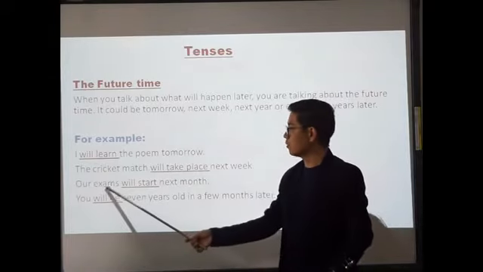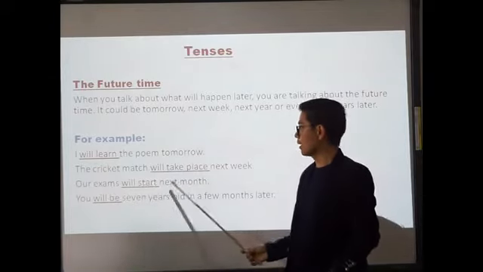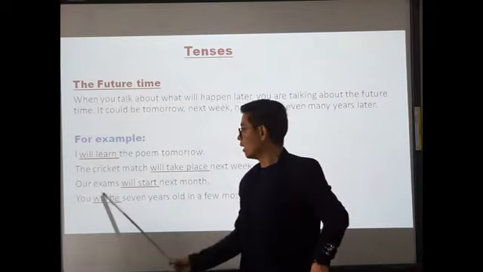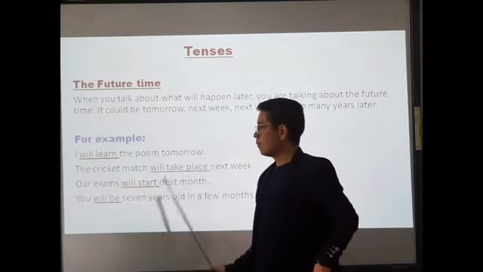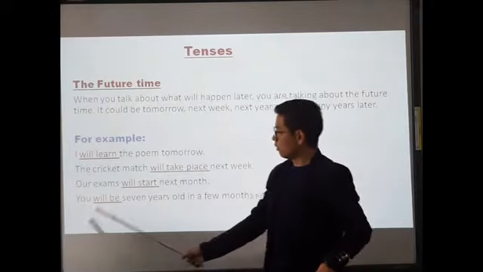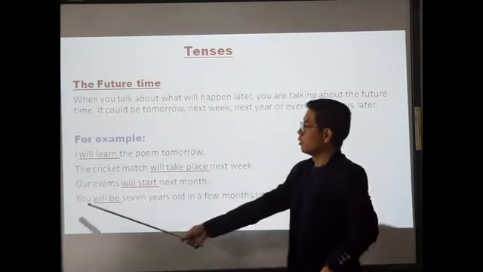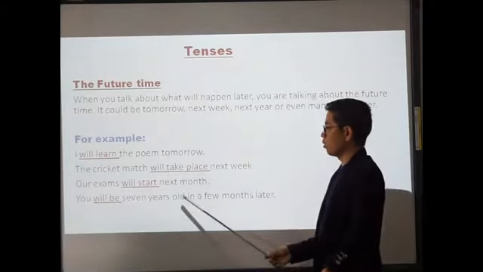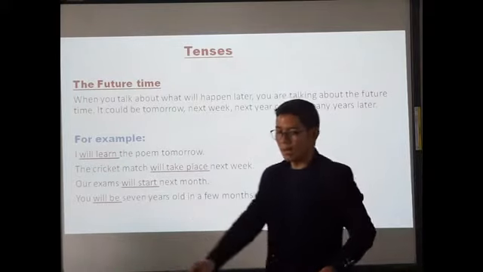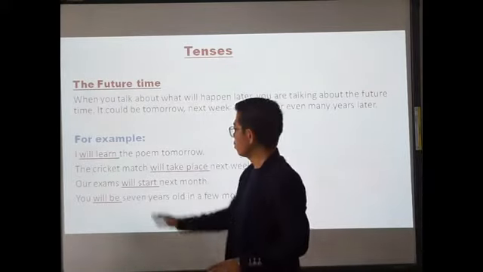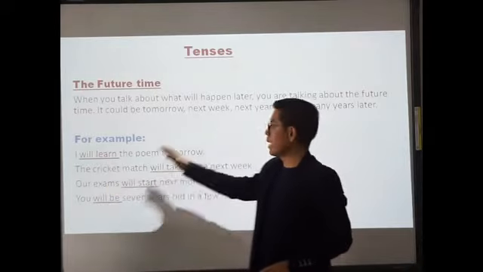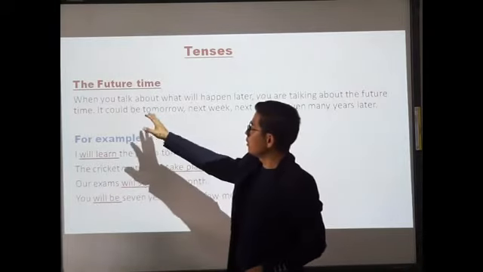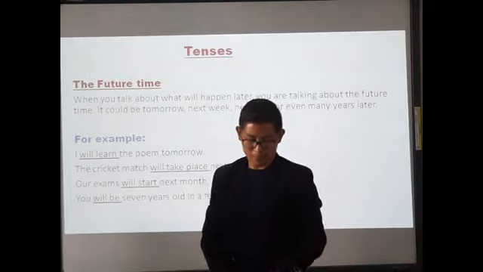Third, our exams will start next month. Next, you will be 7 years old in a few months. So these are examples of sentences when you talk about the future time.